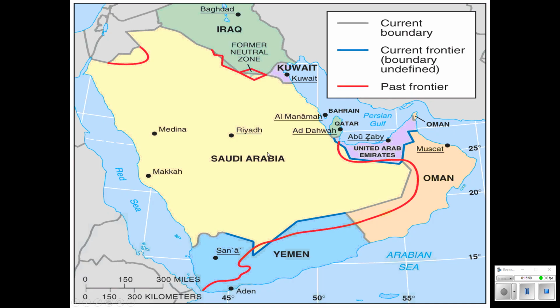Here's another place where boundaries are sometimes difficult, and this is when you get out into what they call the empty quarter, the physically barren parts of the Arabian Peninsula, where the boundary is pretty much still undefined. The two sides disagree over where that boundary should be.